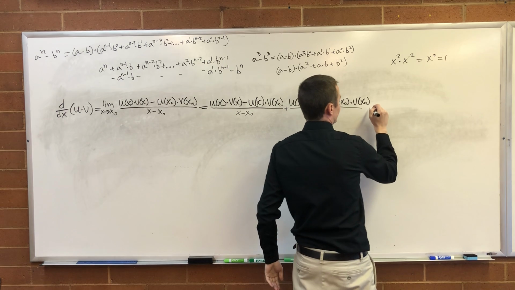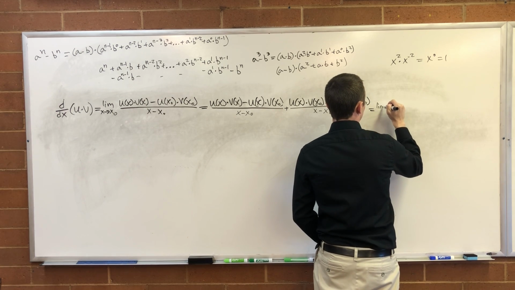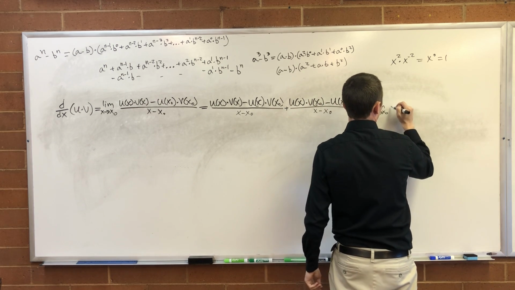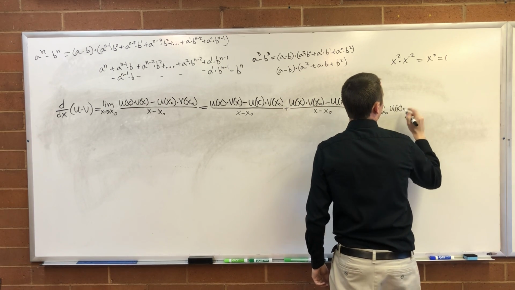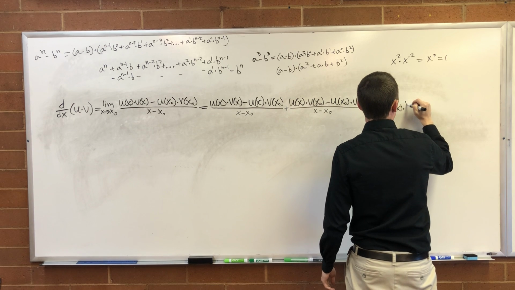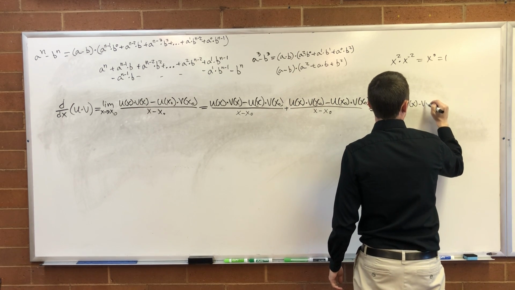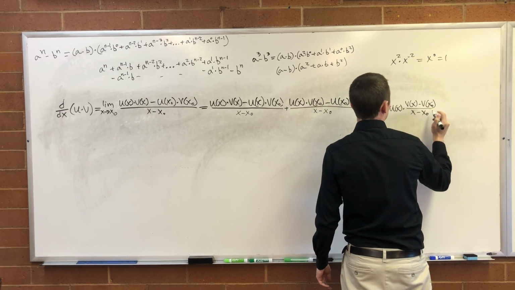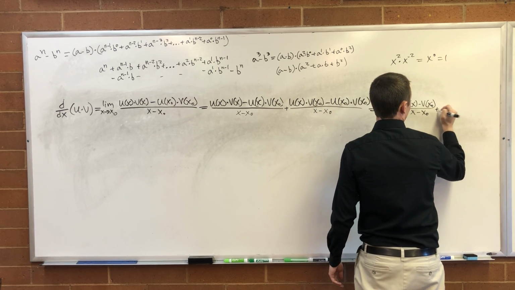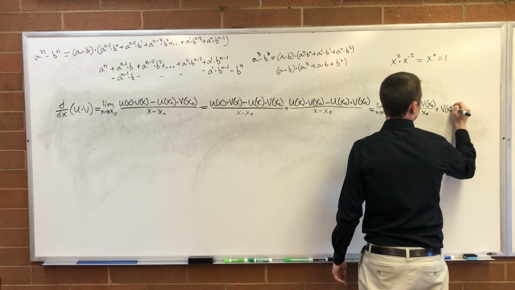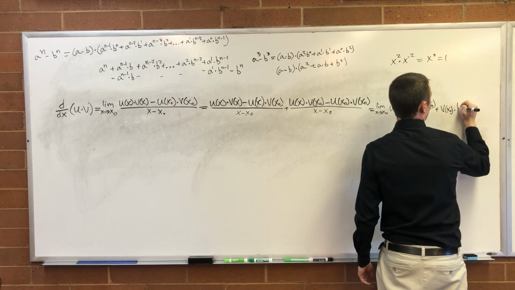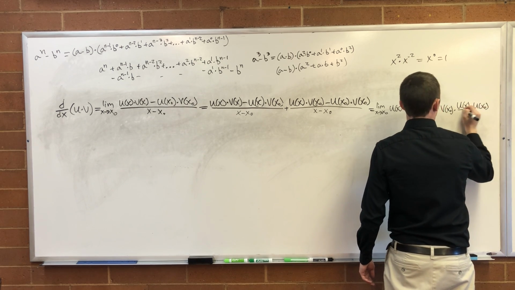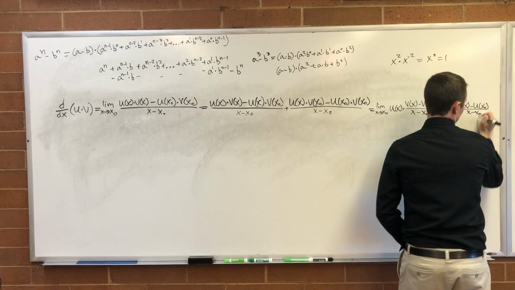Okay, so this is equal to the limit as x approaches x naught of, we're going to have u of x times v of x minus v of x naught all over x minus x naught plus v of x naught times u of x minus u of x naught all over x minus x naught, right?